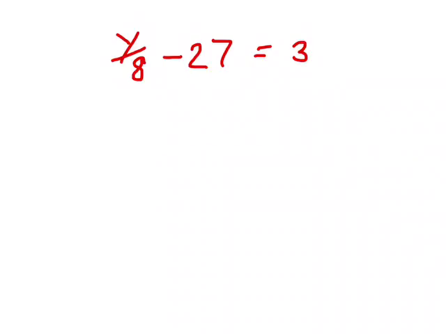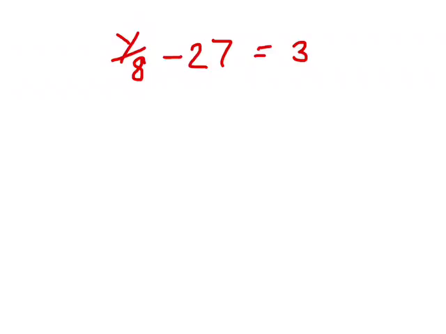Here we have another equation. We're going to go through this again, probably a little bit faster this time. But I see a few things happening. First off, I see that y is being divided by 8 and subtracted by 27. Again, I always start with that variable. The y is the most important thing in the equation. We want to find it and think what's happening to it.